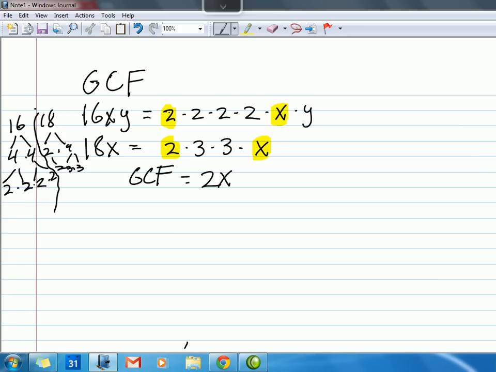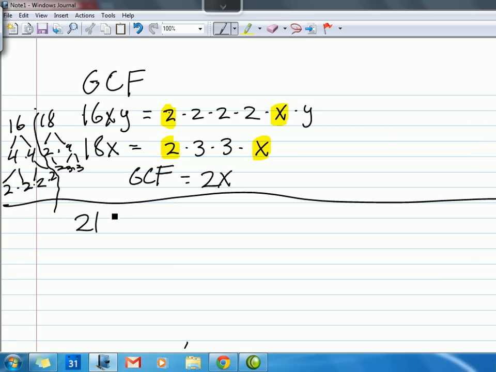We can do another one, following the same idea. Let me split this off. Let's do another one just so we really get the idea. Let's talk about 21x cubed y and 6x squared y squared.